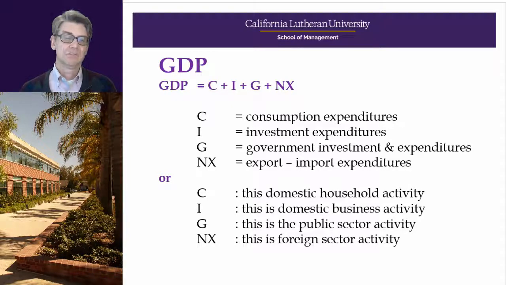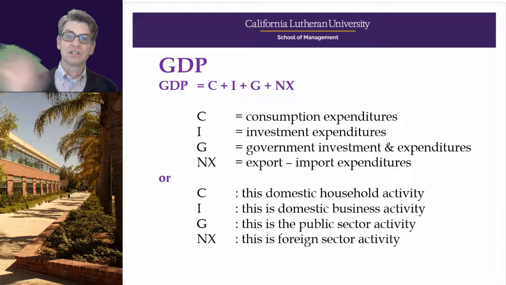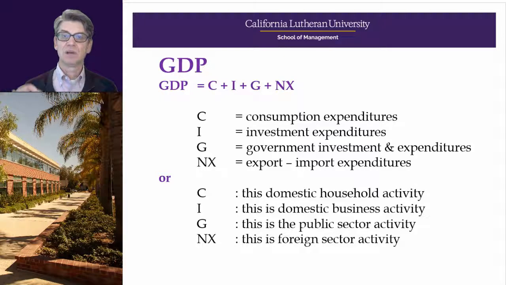G is public sector. What's interesting about G is it has what you might call G sub C and G sub I, right? G has both public sector consumption in it as well as public sector investment. So if the government pays for a nicer carpet in the Oval Office, that's G sub C, if you want to call it that.